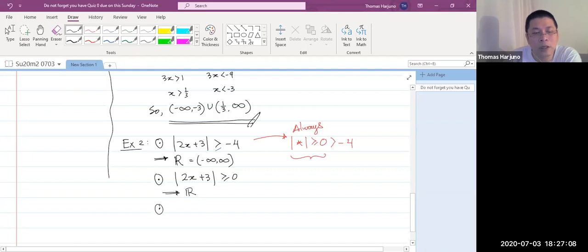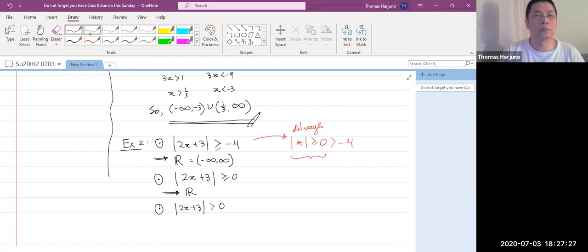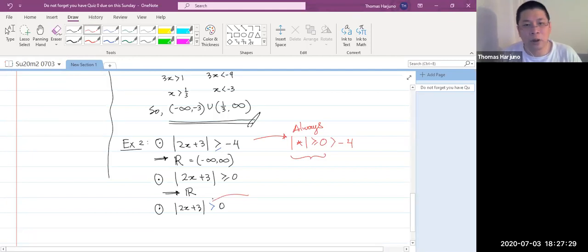The difference is, what if absolute value of 2x plus 3 is greater than 0? This is basically positive but not 0.